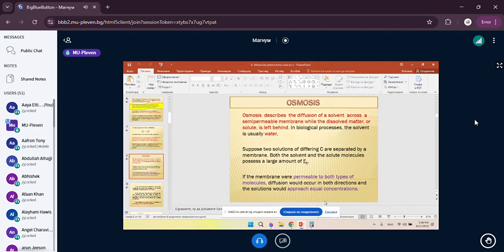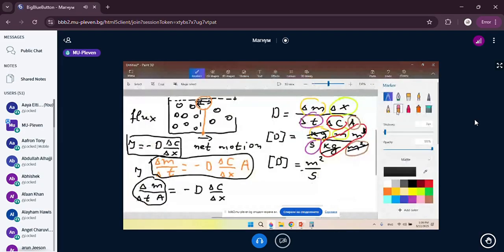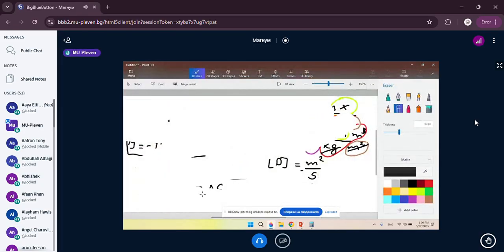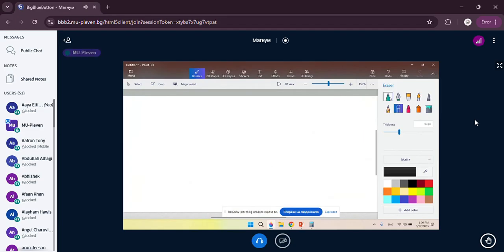So we were discussing osmosis, and I wanted to show you how to derive the formula, Van't Hoff's formula for osmosis and osmotic pressure. So let me switch on the board, clear of course everything, and again begin with a container.